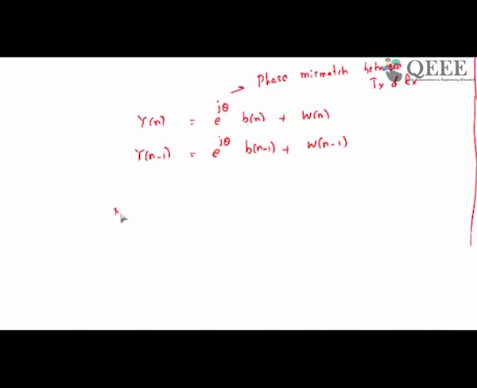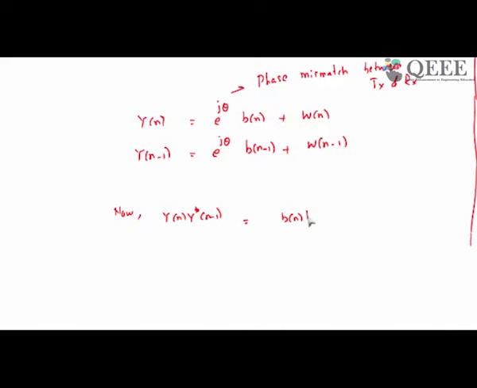Now, if you do this product y of n times y conjugate of n minus 1, the phase difference e power j theta, when you conjugate it, e power minus j theta, that product will cancel.